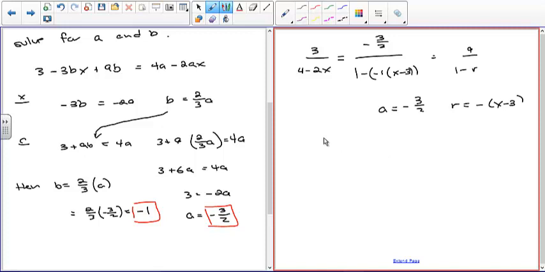So what we said is the summation from n equals 0 to infinity of A times R to the n. Using the values for A and R, we have negative 3/2 times negative (x minus 3) to the n power.